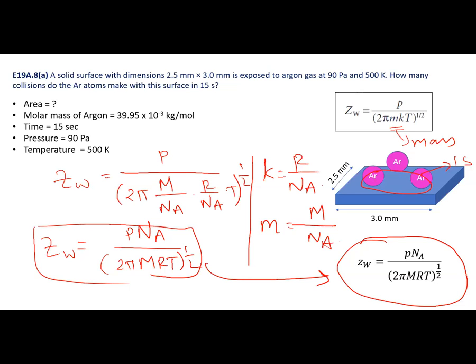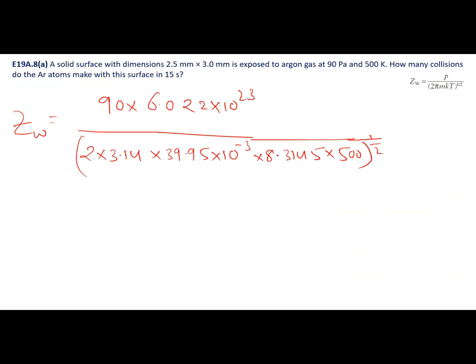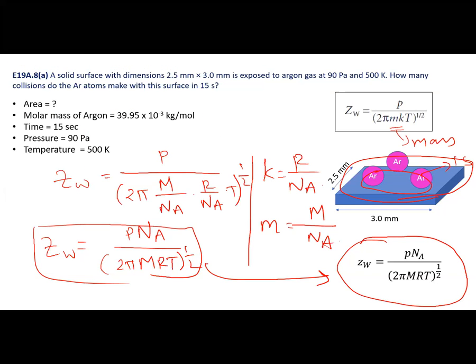What we need to know is the total number of collisions that happen over the entire area in 15 seconds. So all we need to do is multiply Z sub W with the area and the time. So it becomes Z sub W, area of the surface, and the time that we wanted. From the dimensions of the surface, 2.5 and 3 millimeter, we can calculate the area, which is length times width, so it's easy to calculate.